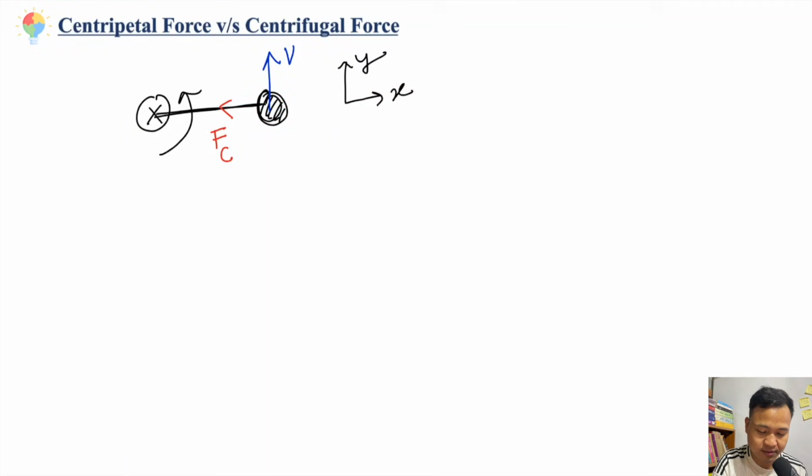For example, if a block has a 10 newton force on one side and another force on the other, there is no movement. So the net force along the x-axis should be zero.